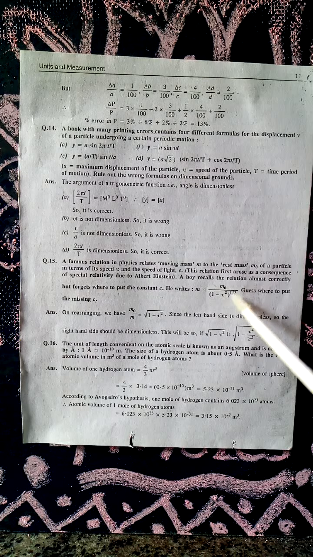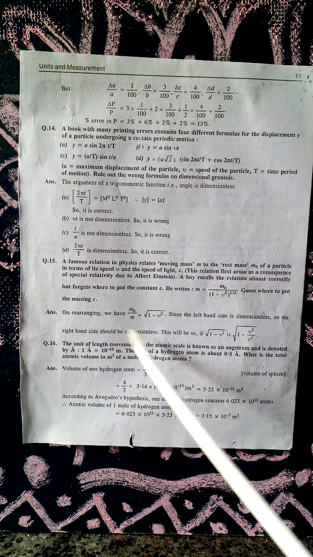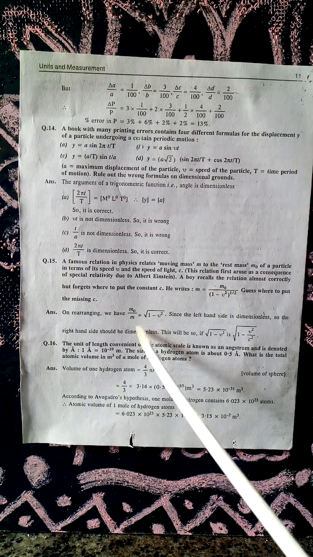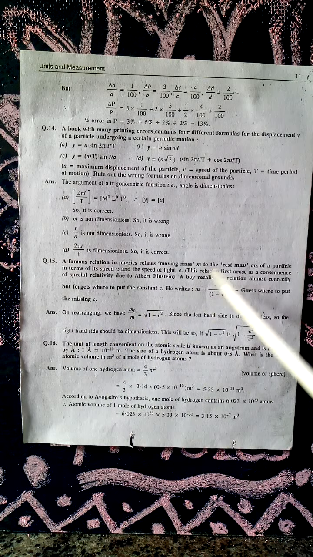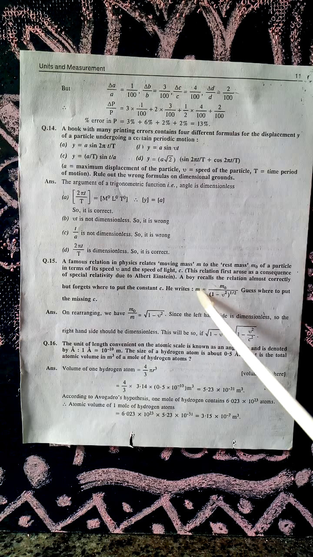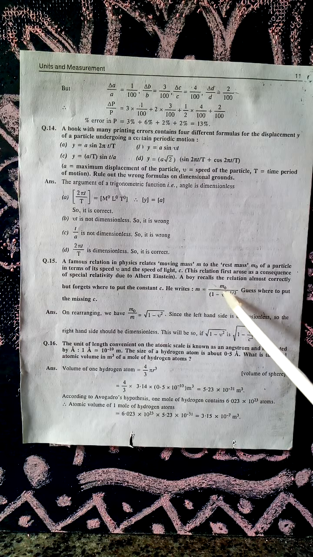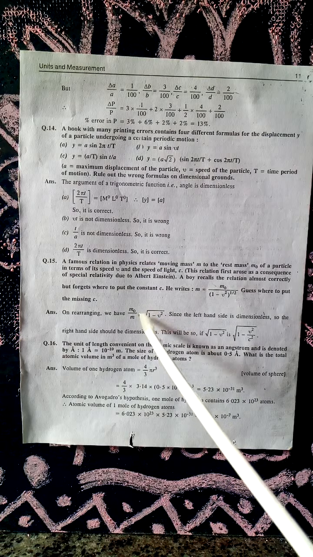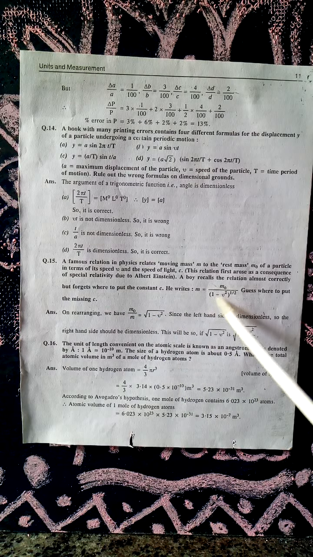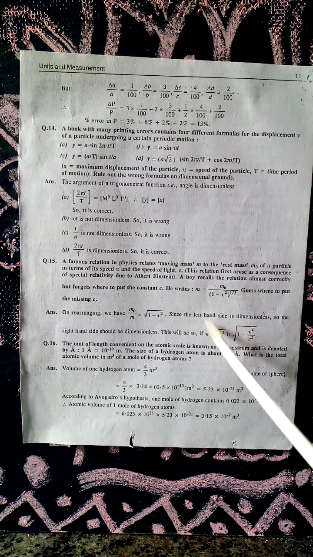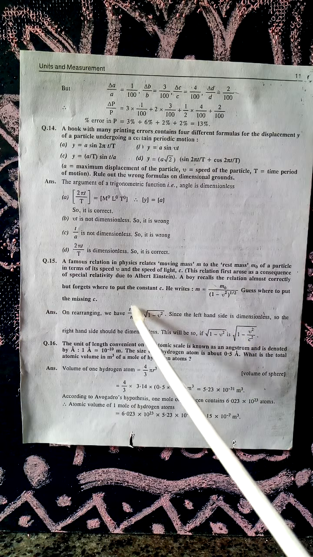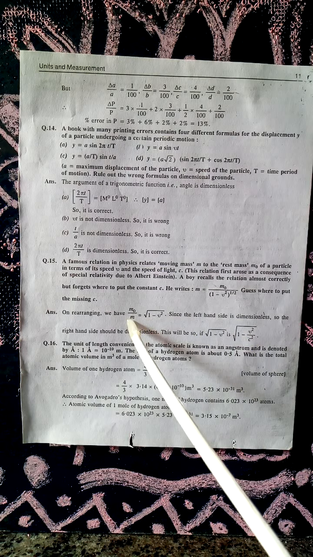1 by 2 means what? Root of 1 minus v square. So on rearranging, m naught goes to one side and this m comes to this side, so m naught by m is equal to root of 1 minus v square. Since the left hand side is dimensionless, m is in kg and m naught is also in kg.